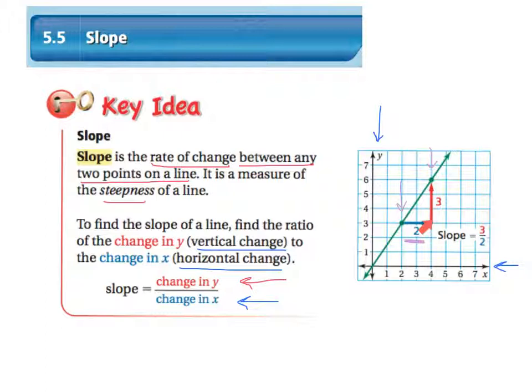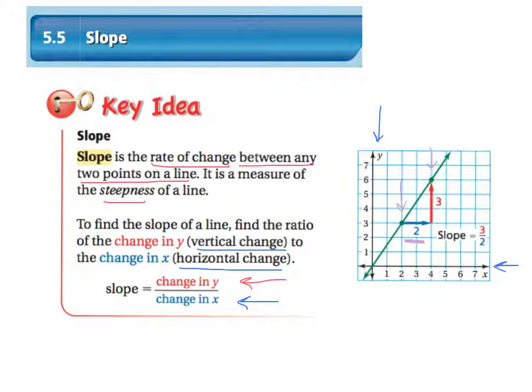Now, the slope going up, the vertical change is 3. Right 2, up 3. So up 3 is your change in y, so that represents the numerator. Your change in x, which is represented by 2, is the denominator. It's 3/2.